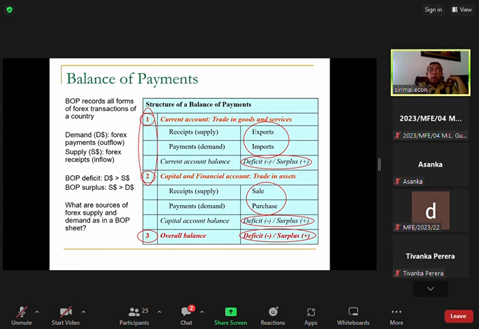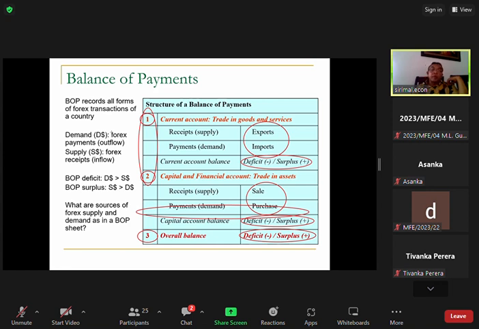Also, there are autonomous transactions and accommodating transactions. Accommodating transactions are here in this account. So you look at autonomous transactions and their trend, where the country is moving.